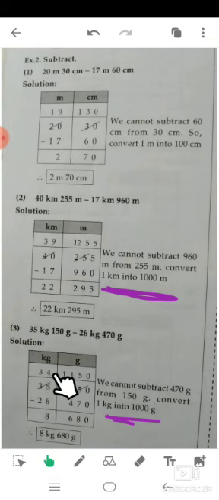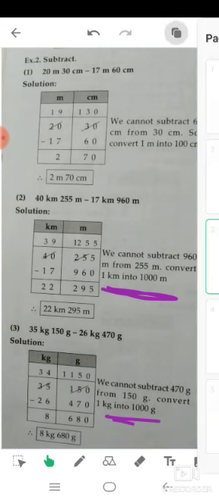And here 34 is subtracted by 26. 4 can't be subtracted by 6, so take 1 here. Here is 14. 14 subtracted by 6 is 8. 2 subtracted by 2 is 0. So therefore the answer is 8 kg 680 gram.